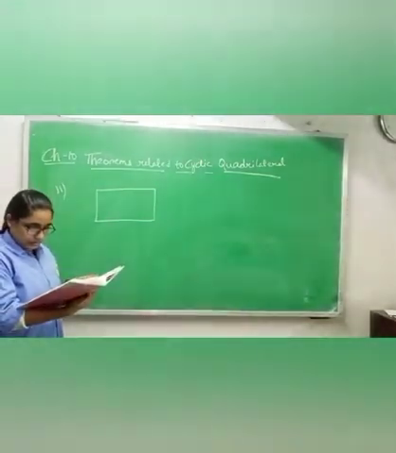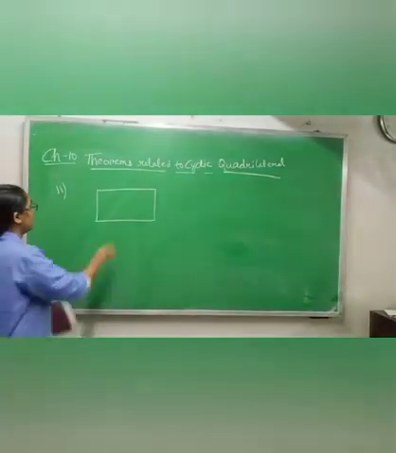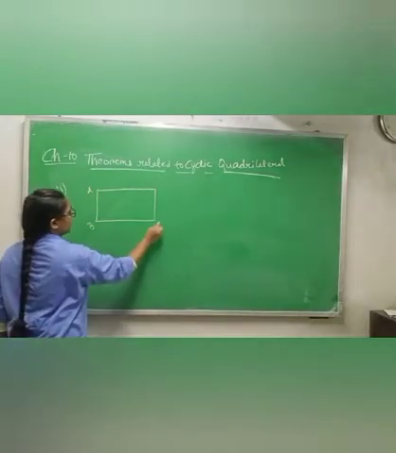After that, a circle passing through the points A and B intersects the sides. First I am giving the name ABCD.